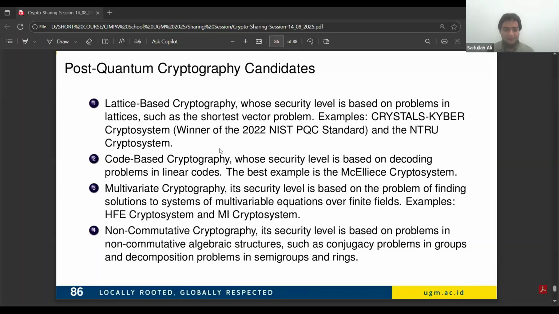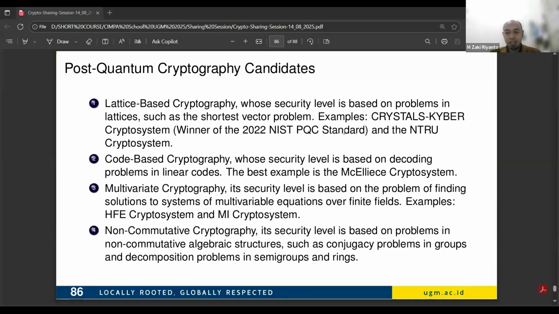So if there are no questions, maybe we can end the session here, and we will continue at 1 p.m. for the exercise session. Maybe Pak Zaki, do you have the problem set for the exercise?